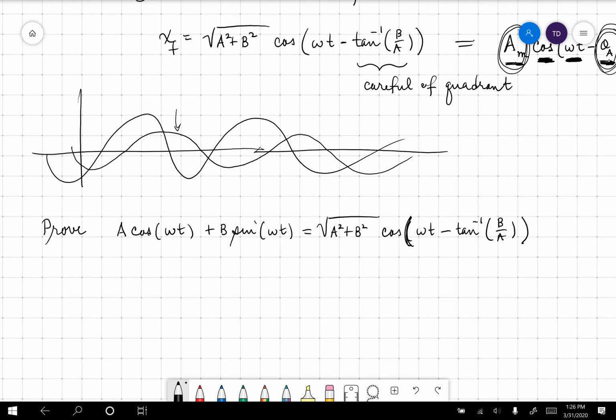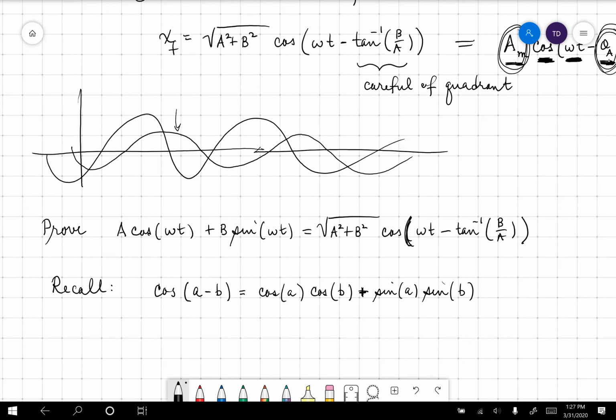Okay, so I need you to recall. Recall means I know you don't remember this, so recall it. How do you like that? That the cosine of A minus B is equal to cosine of A, cosine of B, minus sine of A, sine of B. Actually, plus sine A, sine B. I changed the sign in my cosine.